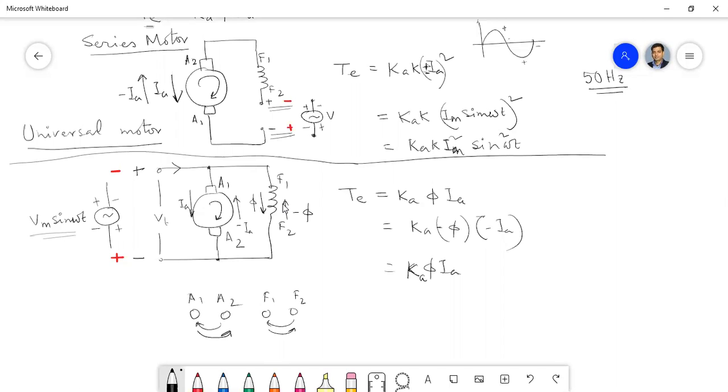But if we apply a sinusoidal voltage, then this current bifurcates into field current and armature current.